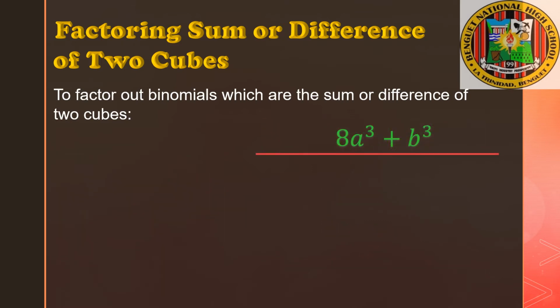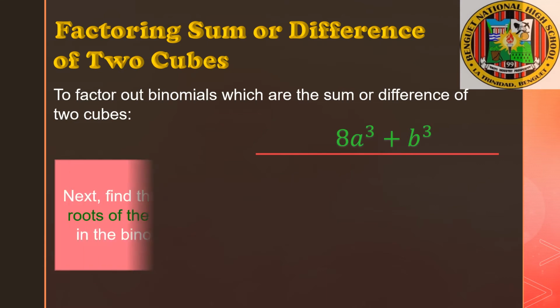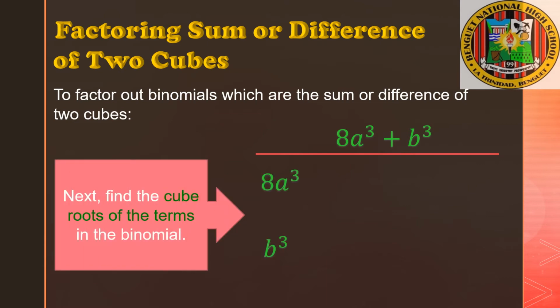After identifying the type of binomial and the pattern you are going to follow for the factors, we look for the roots of the terms. But unlike the difference of two squares, where we find the square root, this time we find the cube root of the terms since the two terms should also be perfect cubes. Take 8a cubed for example. Perfect cubes can also be expressed as the product of three equal or same expressions.